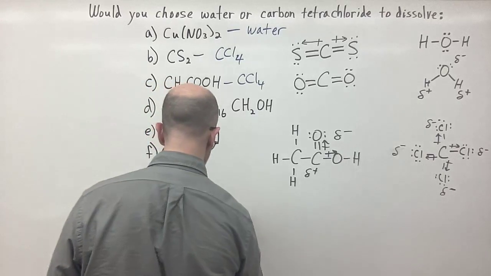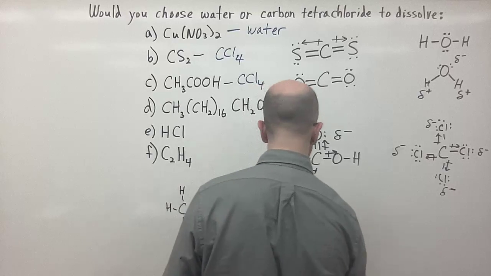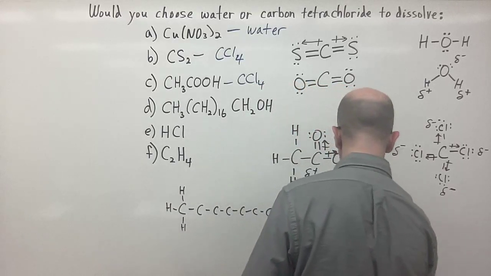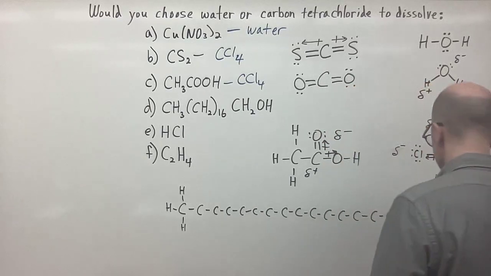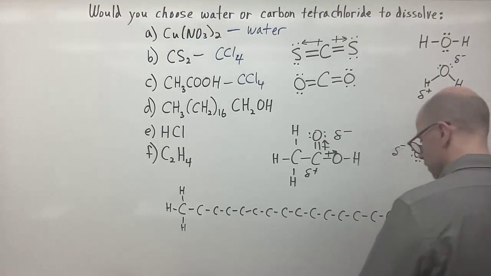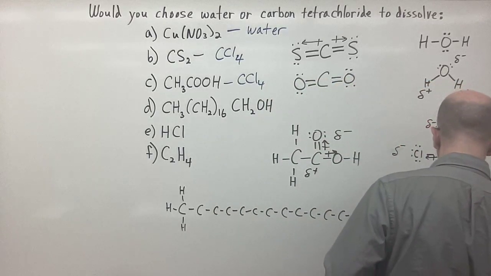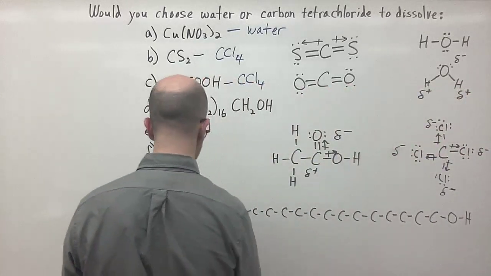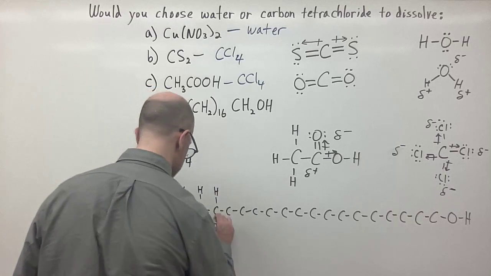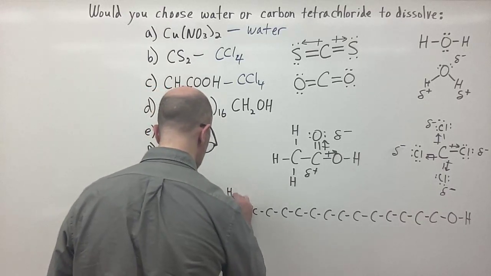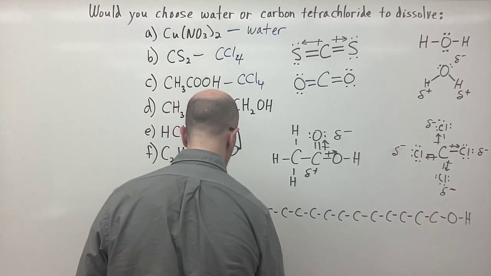So 1, 2, 3, 4, 5, 6, 7, 8, 9, 10, 11, 12, 13, 14, 15, 16, 17, OH. And each of these has 2 hydrogens on the carbons, like so. Now, as I'm drawing this in, there is another way you can draw this.